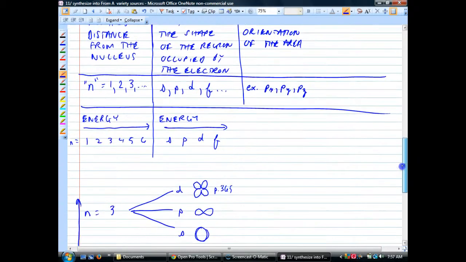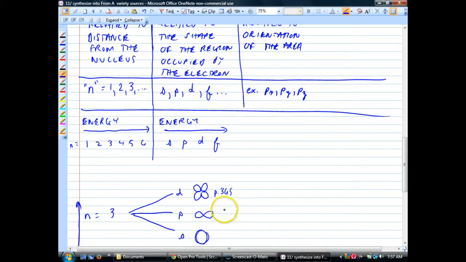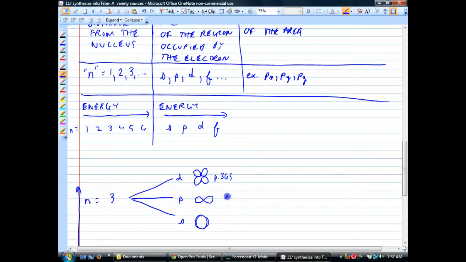Now what does that mean? It means that if I have a P sublevel, so let's bounce down to here quickly, it turns out there's 3 different P orbitals. I was making 5, sorry. There's 3 possible P orbitals. There's the P along the x-axis, P subscript x.